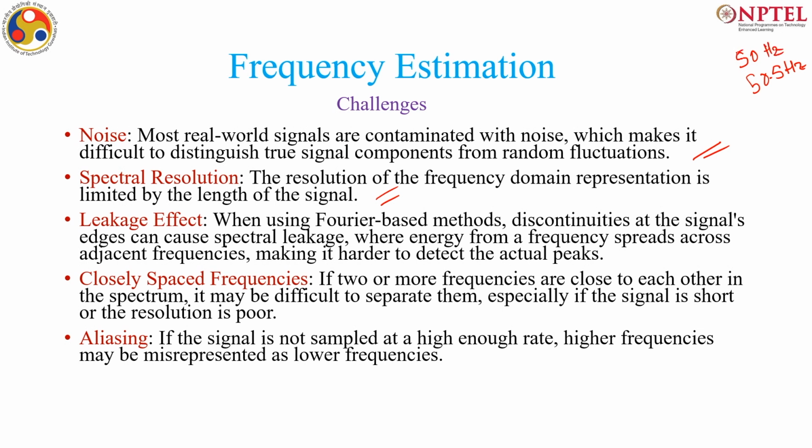Now, seeing these two components separately is often a challenge because they are very close, and then leakage effect adds to the problem, because say if I want a 50 hertz sine, I should ideally get a peak, but in reality we do not get a 50 hertz sine, we get a sine which is of a definite window.